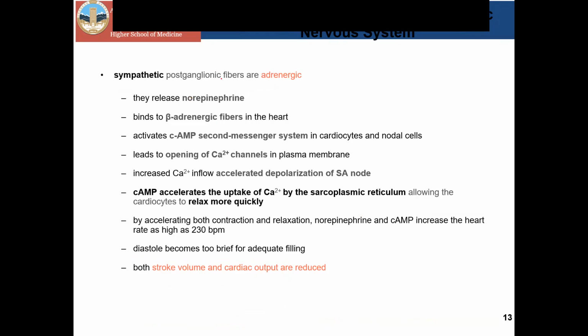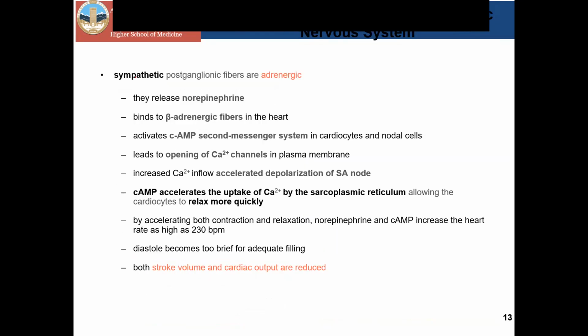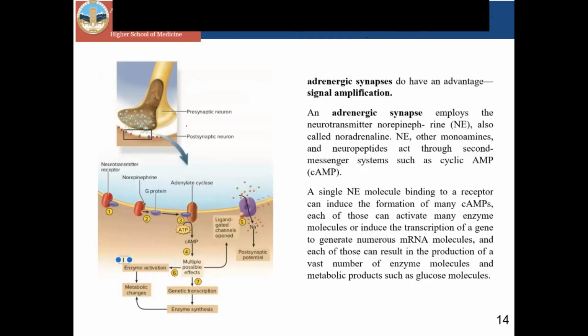Now we can go into how exactly sympathetic postganglionic fibers work, how they increase our heart beating. They are adrenergic. It means adrenaline or noradrenaline, or another way, epinephrine, norepinephrine. They are released by postganglionic fibers. Maybe you remember these pictures from when we learned the synapses.